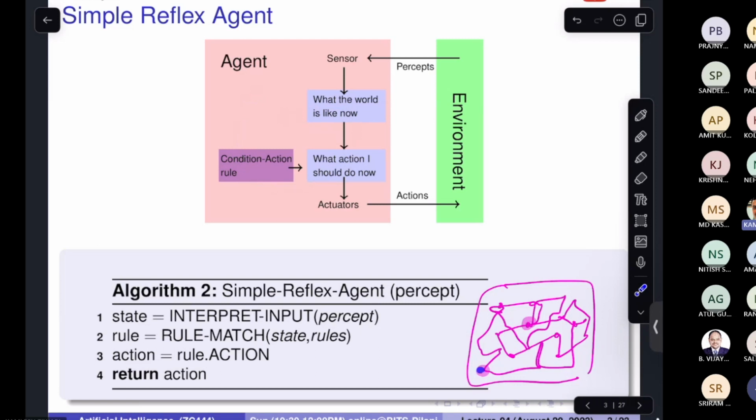So I have a goal, but can it reach over here? Yes or no? Reflex agent cannot, but if it's goal-based, then we can. Right now we are only considering the reflex one. I think it cannot, because it's reflex based on the condition: if it is this one, then do this action.